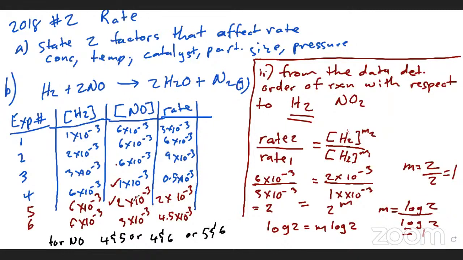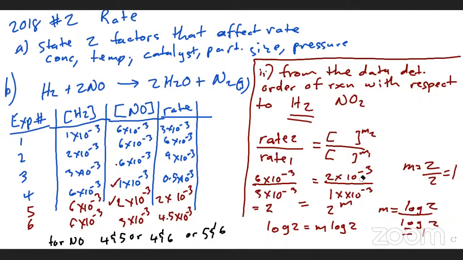Because in 5 and 6, you change this, and H2 is kept constant. For 4 and 5, you change this while keeping H2 constant. Right, it is going to be second order. All right, so just like before, it's rate 2 over rate 1.